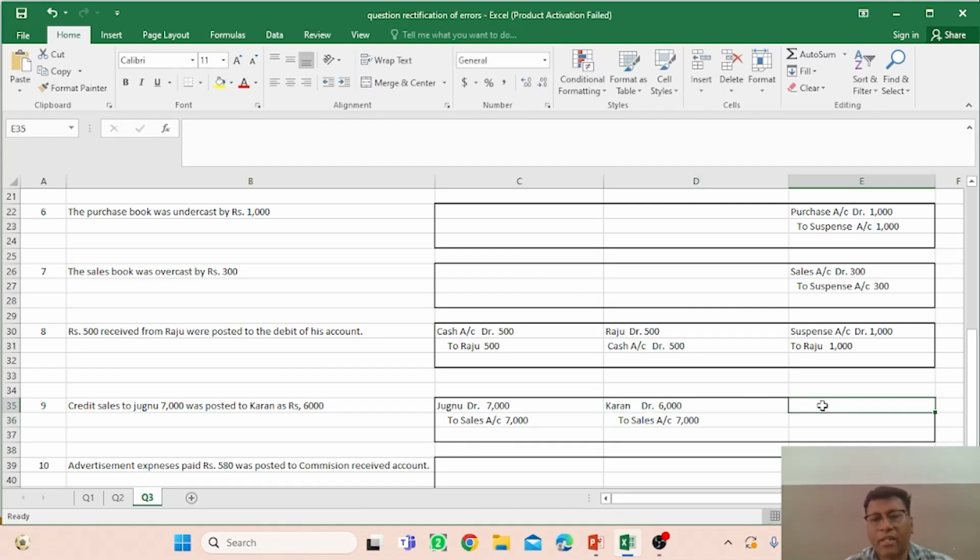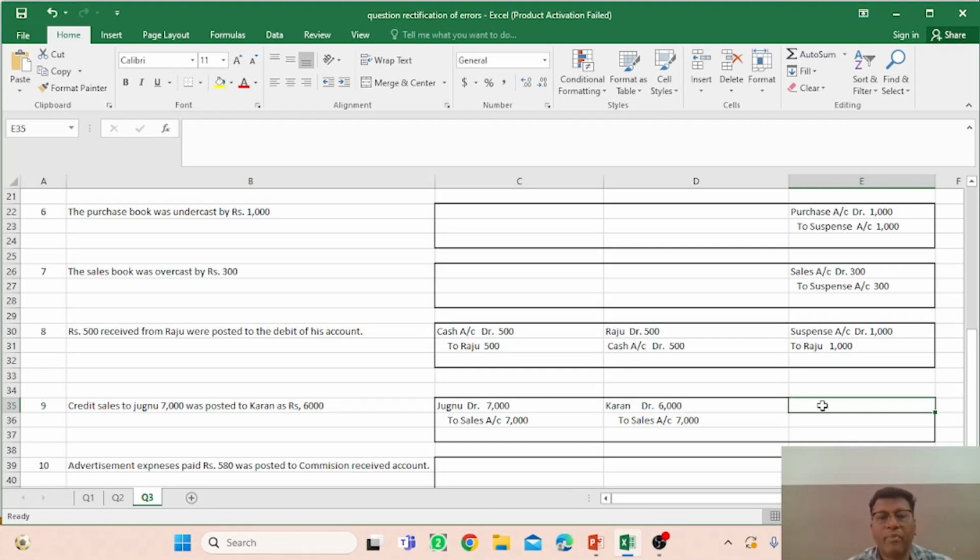And now you have to rectify. Just focus that the 7,000 should be in the credit side of sales account. Already you posted that amount in the sales account, so there is no need to change or rectify in this particular account.